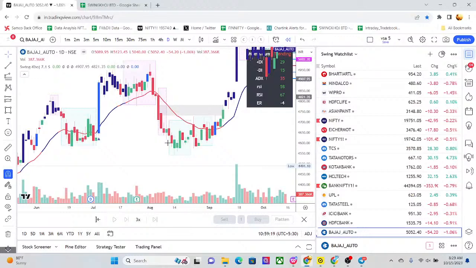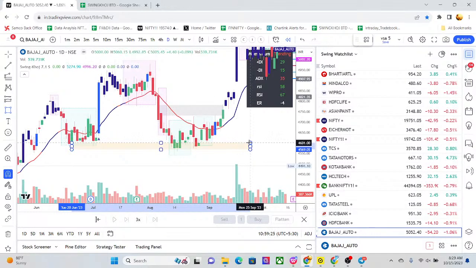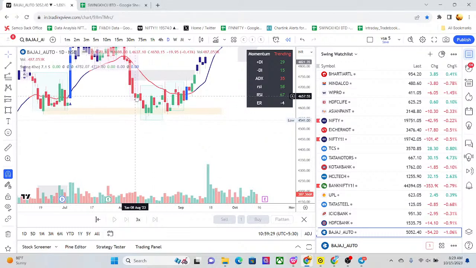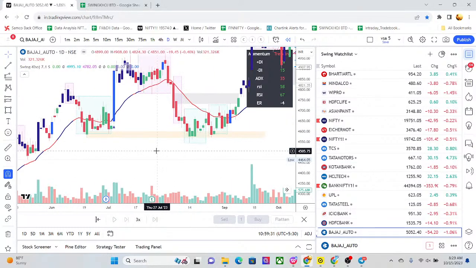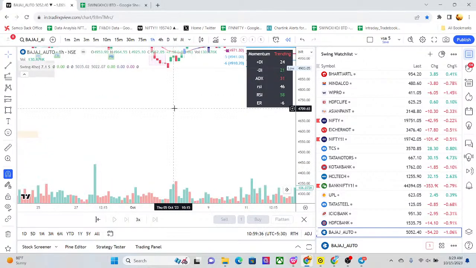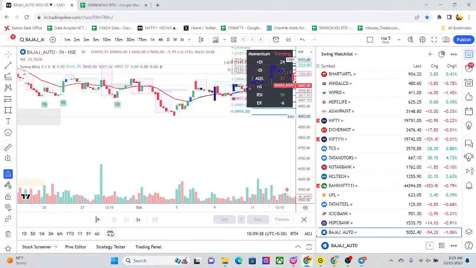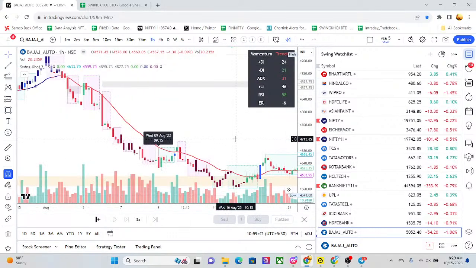First, we have to ensure it is near the support. Okay, we have a support here. This is a good area of support, right? And it has come near it. We'll go to the hourly time frame, 9th of August.